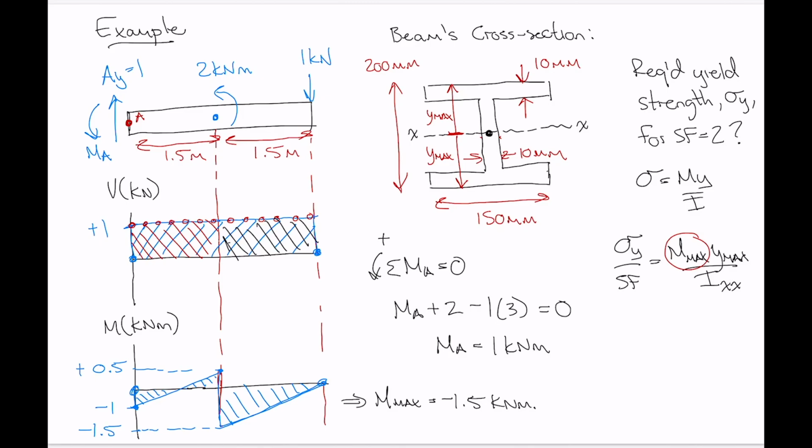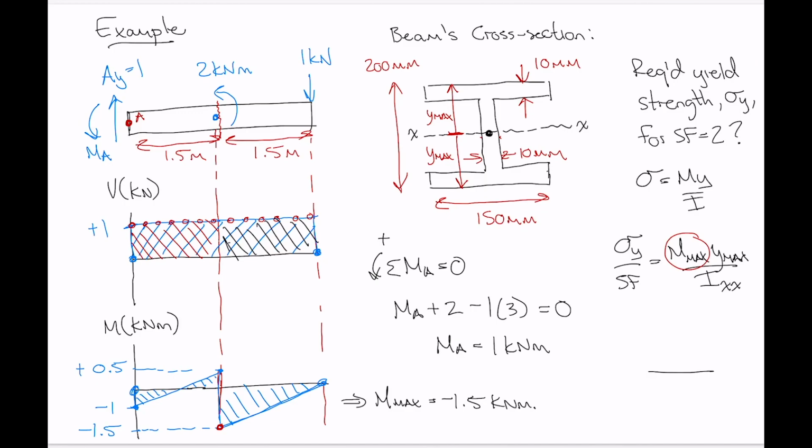The maximum moment here occurs just infinitesimally to the right of our point moment on the beam. So if we do a section cut through the beam at that location, we can see what the direction of that maximum internal moment is on a section cut of the beam.